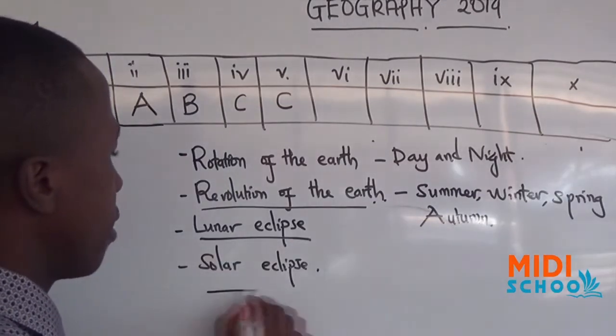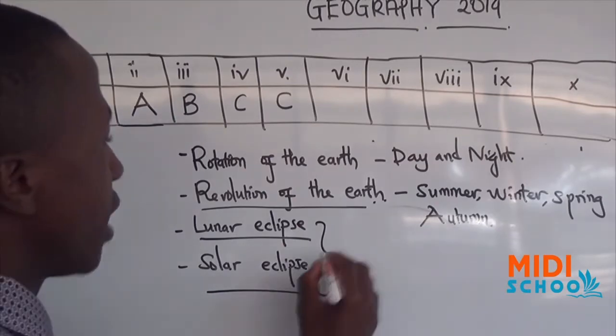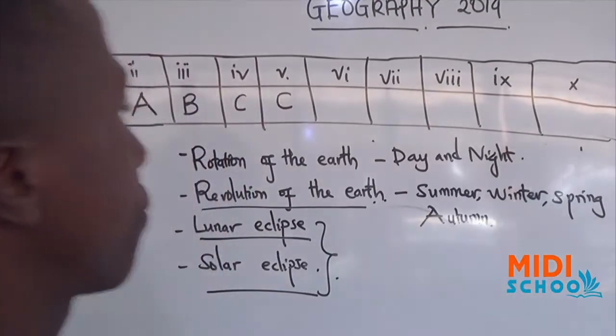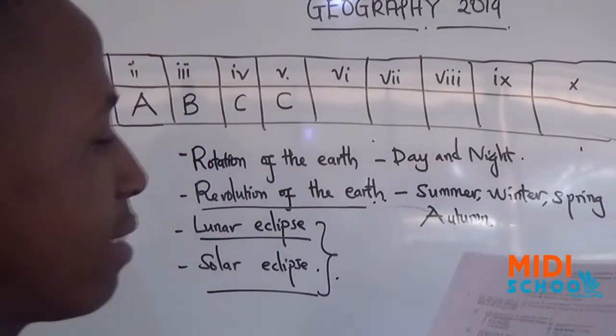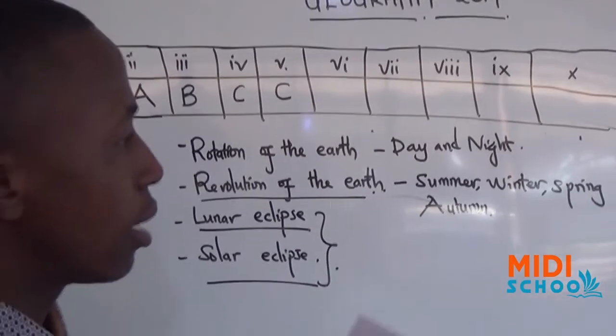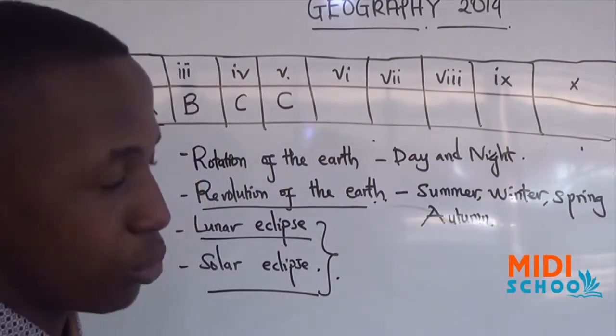Eclipses are just the blockage of sun rays from reaching either the moon or the earth. So our answer here: the 4 seasons of the year are a result of revolution of the earth. And the seasons that are produced are summer, winter, spring, and autumn.